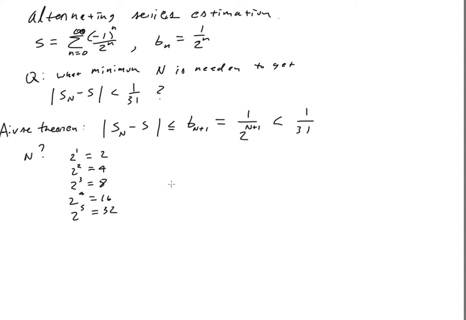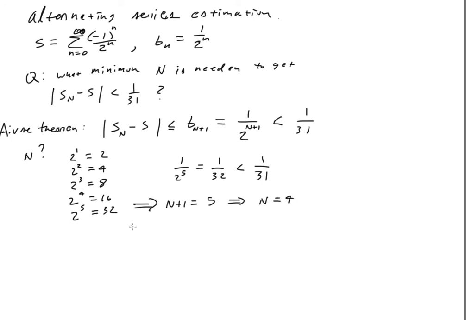So clearly 1 over 2 to the fifth, which is equal to 1 over 32, is just less than 1 over 31. So it looks like the n plus 1 has to be equal to 5, and that implies that the required capital N has to be equal to 4.